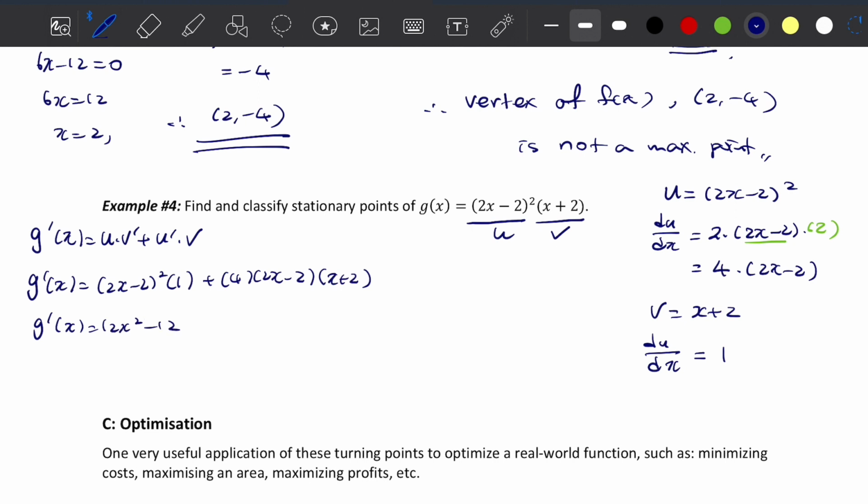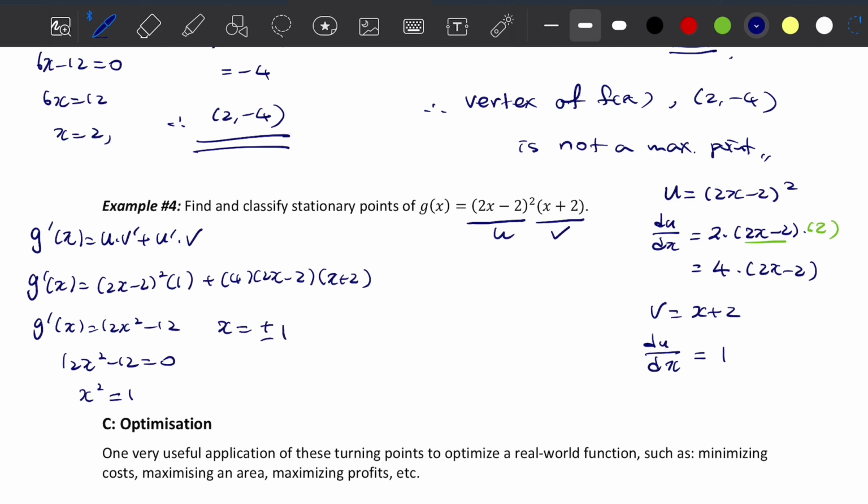As I told you before, if you want to do this question before me explaining it, you must pause the video, try the question, and watch it again. Then we can set this equal to 0 and solve for the x value. So x squared is equal to 1, so x is equal to plus or minus 1.